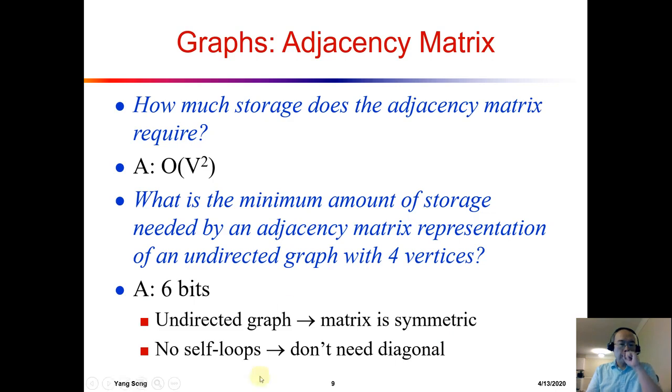So the matrix is symmetric, and we only need to store half of that. Another property of an undirected graph is that there's no self loop, so there's no loop from u to itself. In this case, we don't need the diagonals.